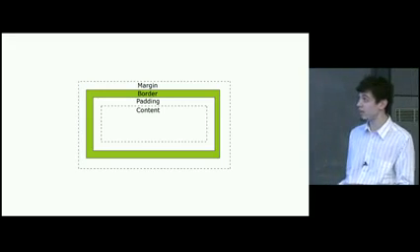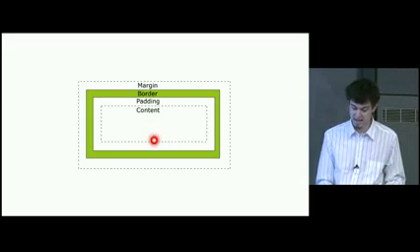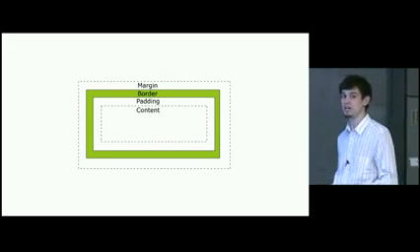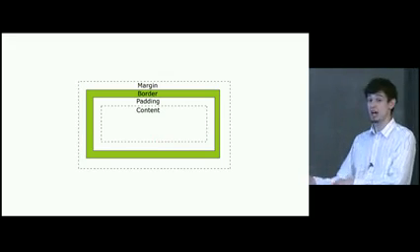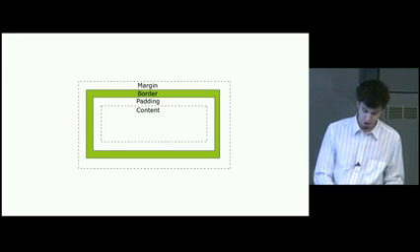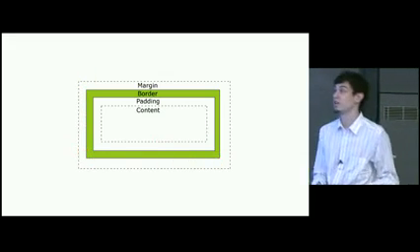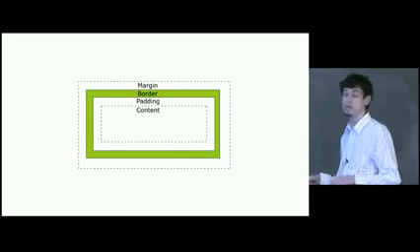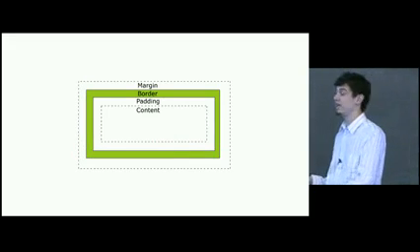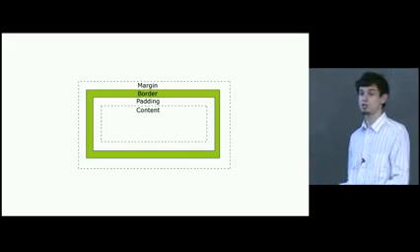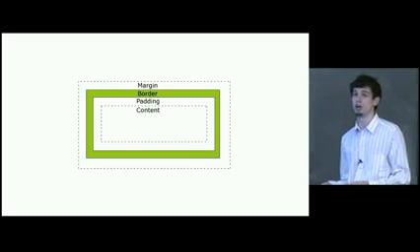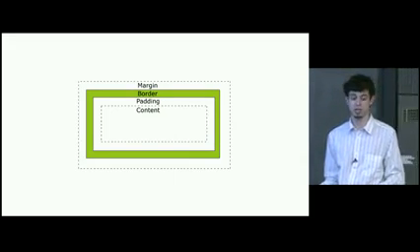And so you can control that space with something called padding. So in addition to padding, on the other side of this border, we have something called the margin. And so the margin is simply the space between the border of one element and the border of another element. So we kind of have two knobs that we can turn when we're positioning elements on the page.